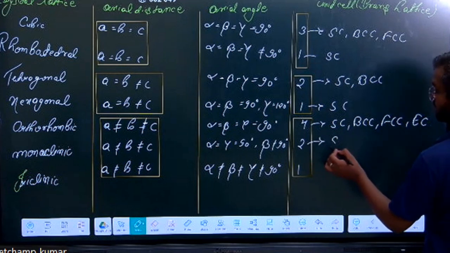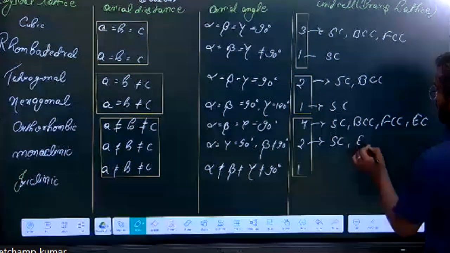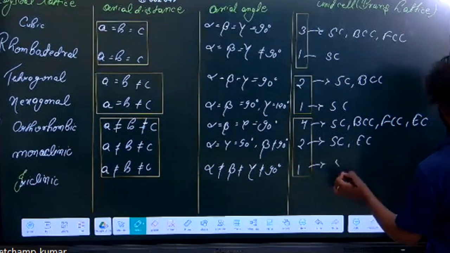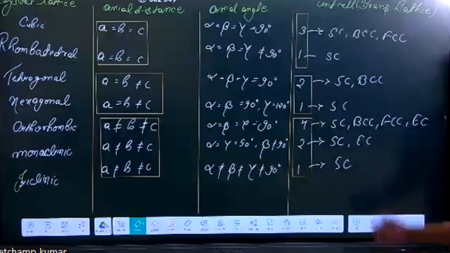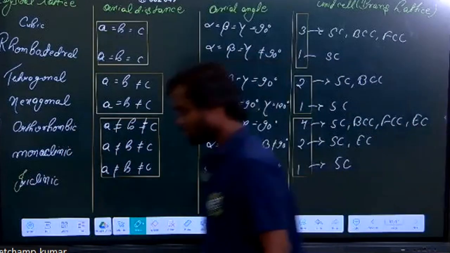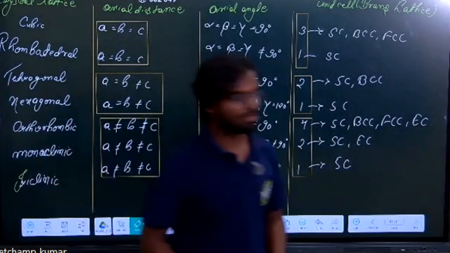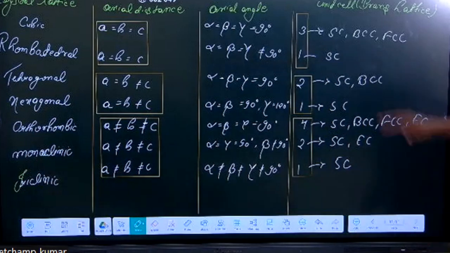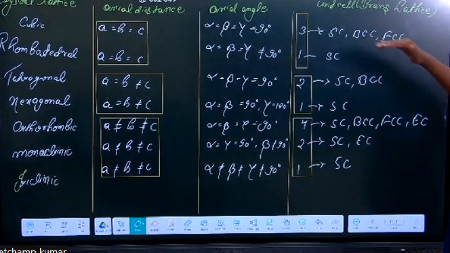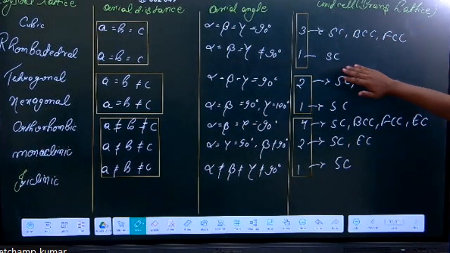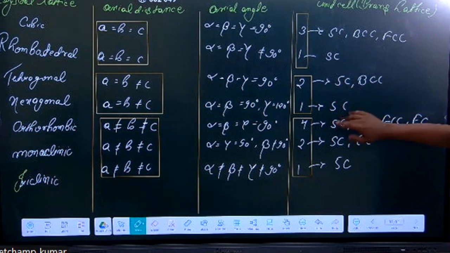Then we have simple cubic, and edge centered. And last is simple cubic. Okay. So this is how it looks like. See, we are going in order.